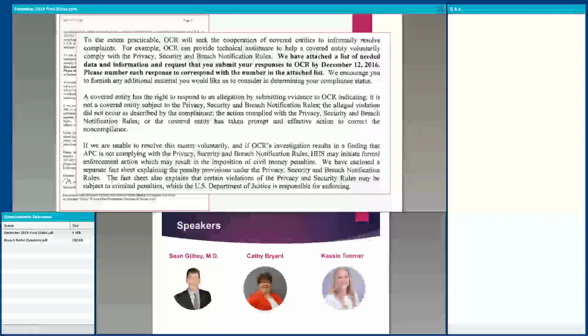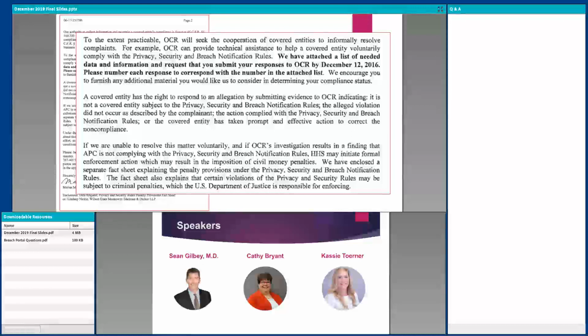And one other thing that we wanted to just point out from this letter, the last paragraph, the OCR says that they will work with the practice to receive a resolution. However, if there's not cooperation from the practice, then the OCR will seek other avenues to initiate formal enforcement actions, and this could include civil money penalties and/or criminal penalties enforced by the U.S. Department of Justice.